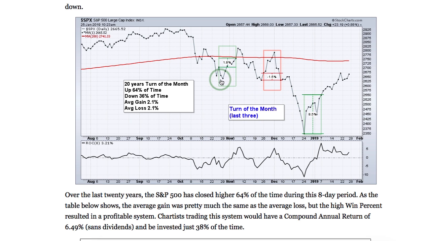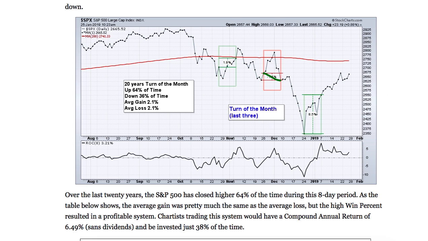So here are the last 3. You had October, November, this 8-day period, and the S&P 500 was up 1.8%. Then you can see in November, December, the S&P 500 was down 1.5% during that period. And then from late December, of course, to early January, we had that huge 8.5% gain.